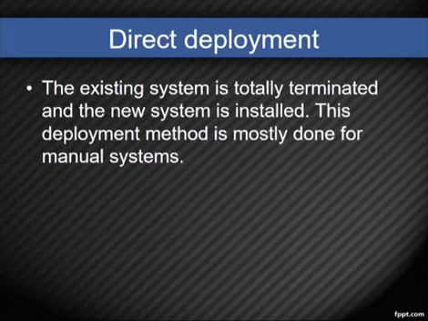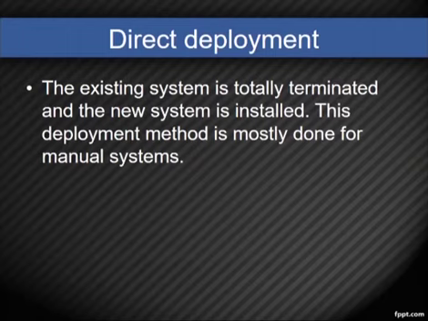Direct means we remove or uninstall the old, existing system, and we install the new system without having the existing system. Totally, we have to remove these things, because that is the direct deployment.